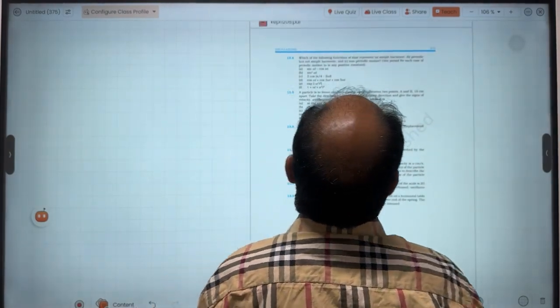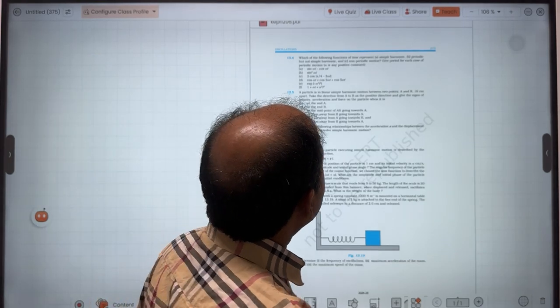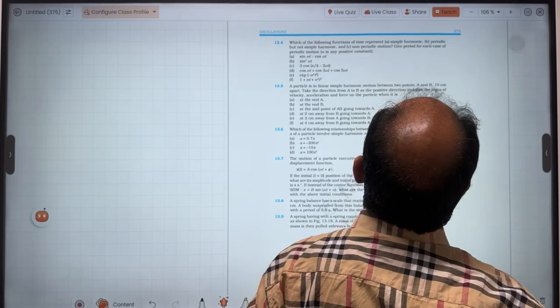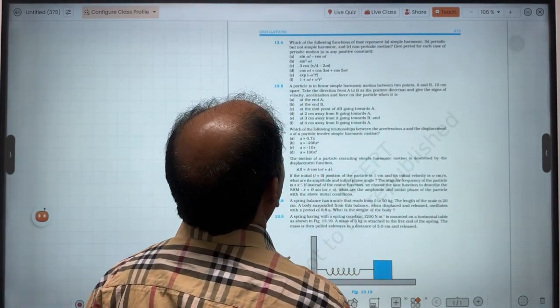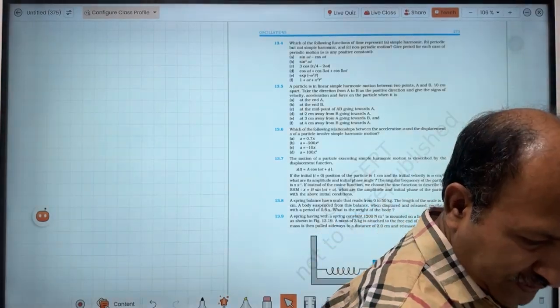Which of the following functions of time represent a simple harmonic, periodic but not simple harmonic, non-periodic motion? Give period for each case of periodic motion. Omega is any positive constant.